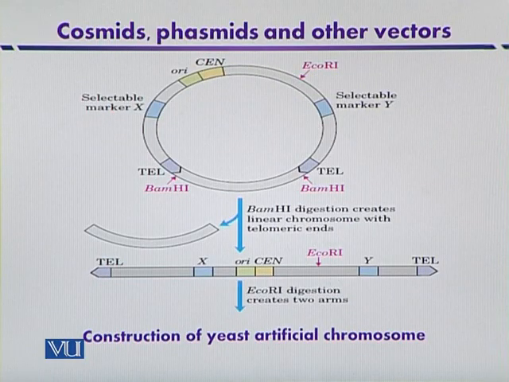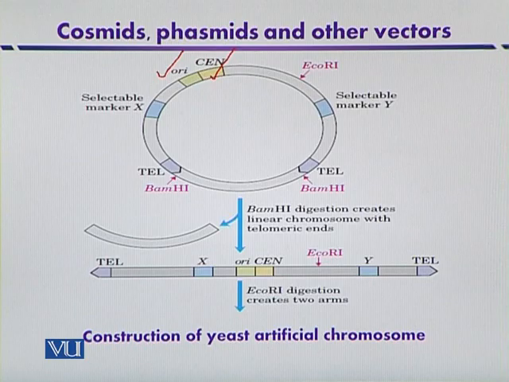Next is the strategy that we can use for cloning foreign DNA into a yeast artificial chromosome. As I told you, it contains its own origin of replication so that it can replicate independently of the host chromosome, and a region for the centromere so that it can separate during mitotic division.